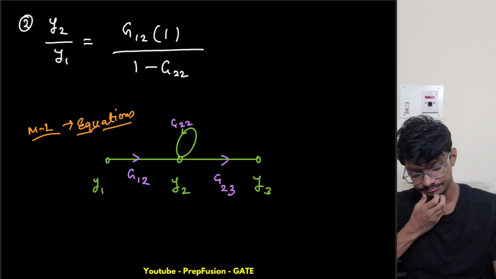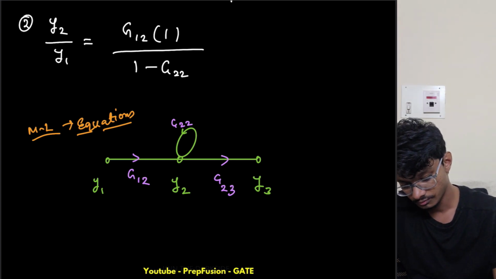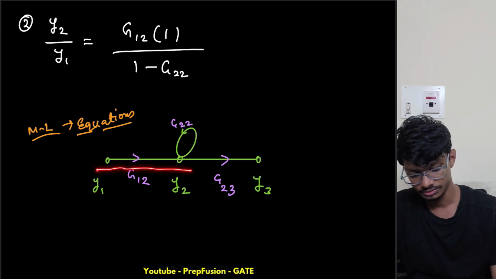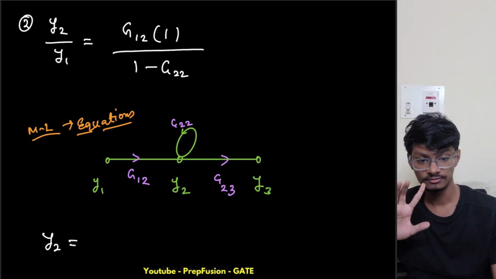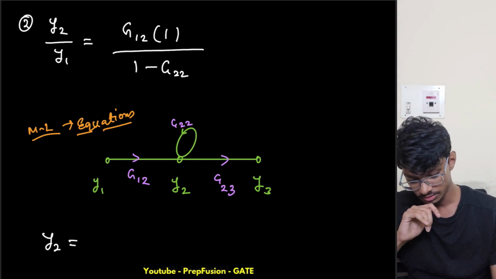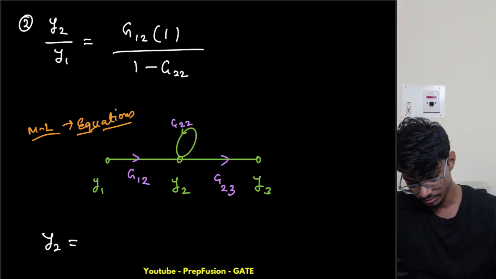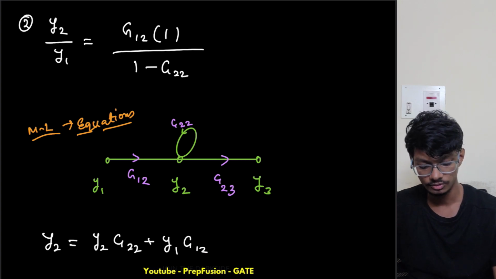If I want to find y3 in terms of y1, I will first write the flow equation carefully this time. So y2 equals y2 multiplied by the G22 gain block, plus y1 times G12.